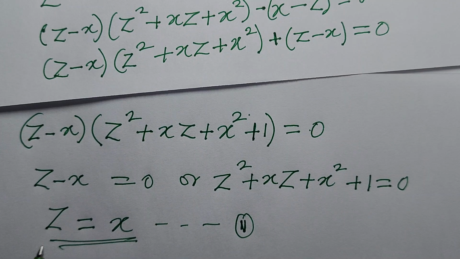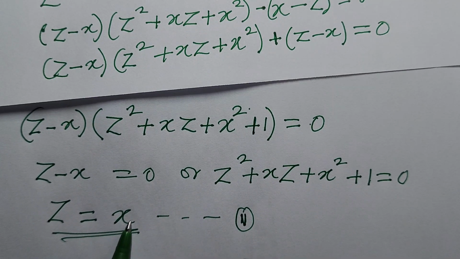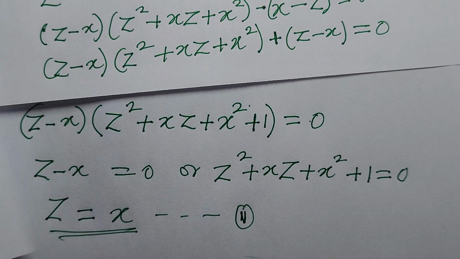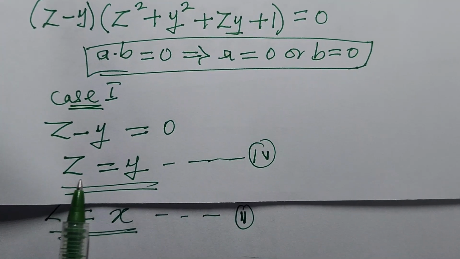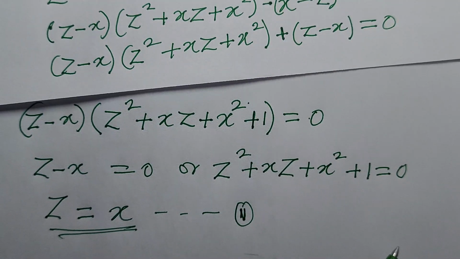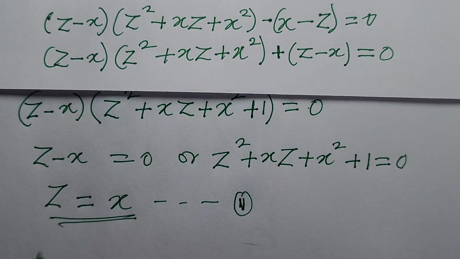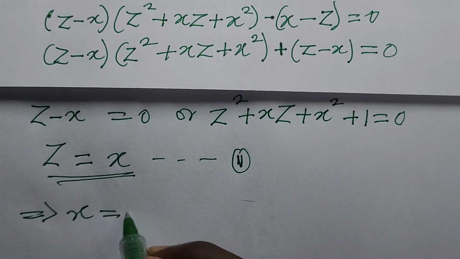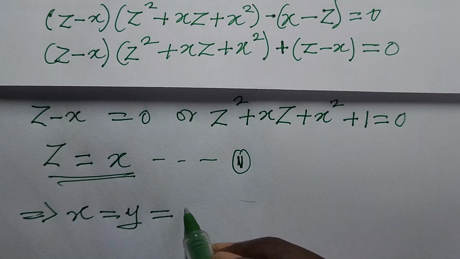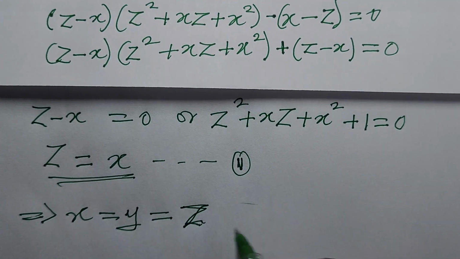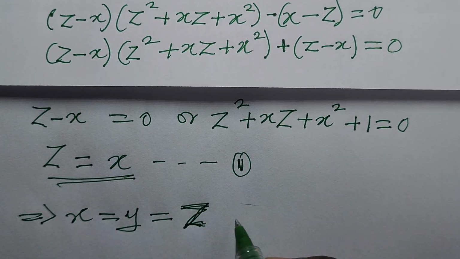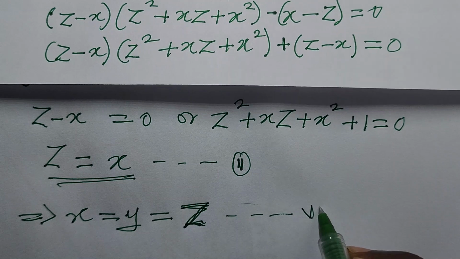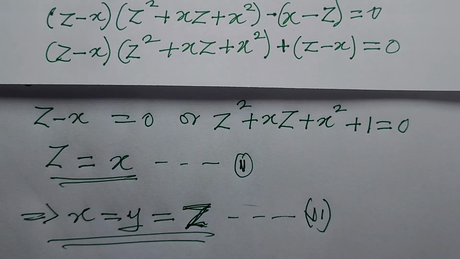If we are saying that z is equal to x, and we've already established the fact that z is equal to y, so what does that imply? It does imply that our x is equal to y, which is equal to z. Okay, so let's give this equation 6. Okay, let's hold this now.